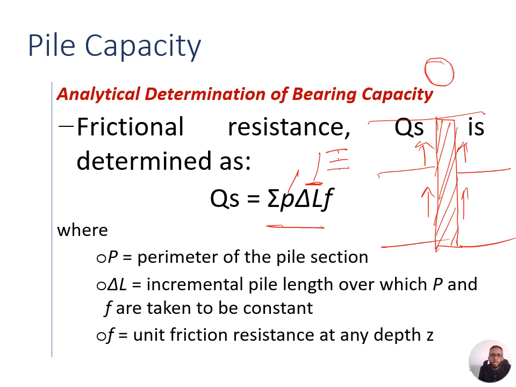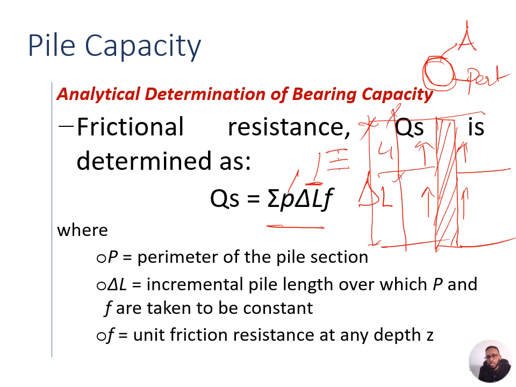For this circle we can determine the area to determine the tip resistance. But to determine the frictional resistance, we need to determine the perimeter and multiply it by the total length. But we have different layers of soil. That's why in the formula we say ΔL.